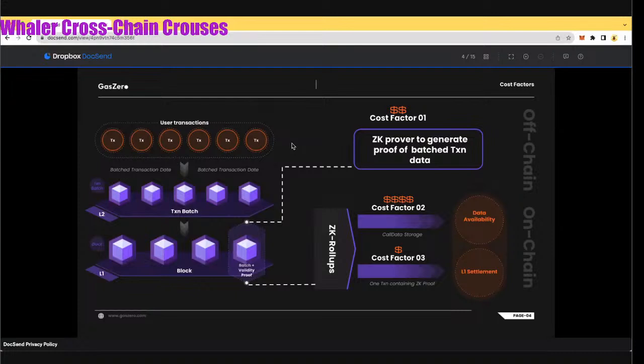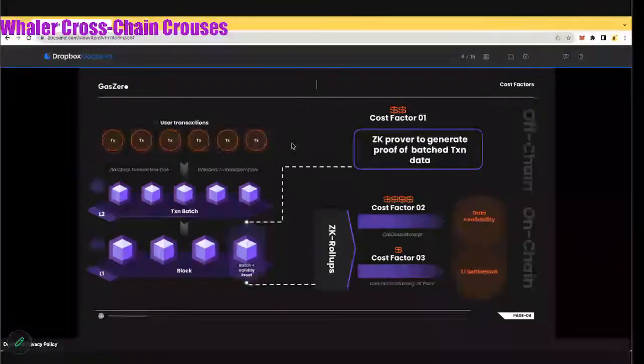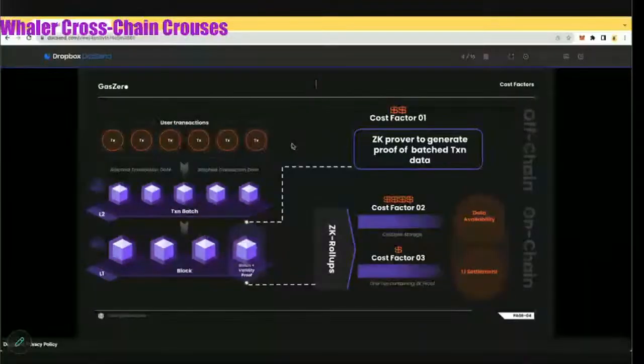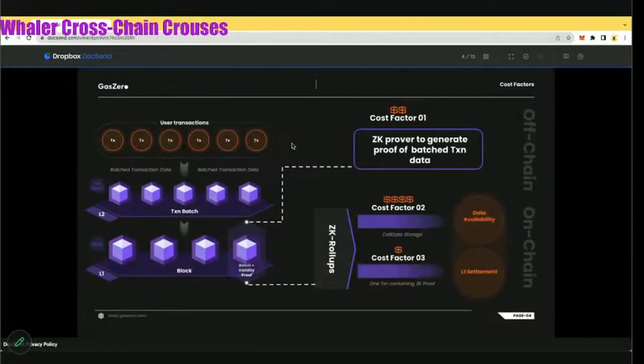We put them in one batch on layer 2 GasZero, and then we put this transaction on layer 1, which is Ethereum, and in such case we have data availability on Ethereum. This gives the possibility to save a lot of costs, which users on layer 1 do not have. So basically, Ethereum users do not have this kind of benefit, and they cannot do it like this. So that's why we have a ZK rollup solution.